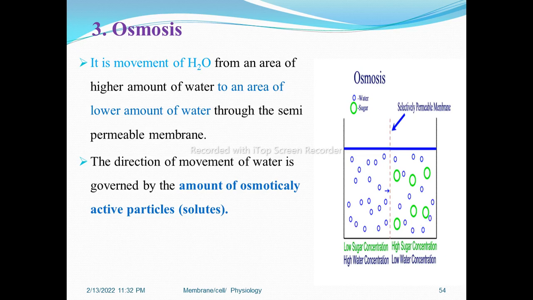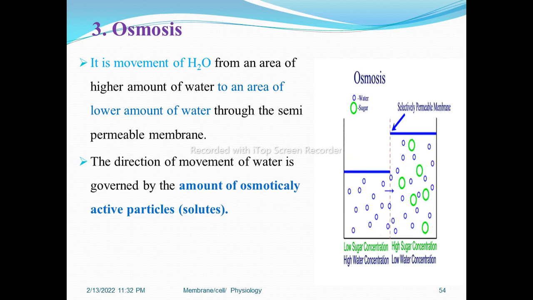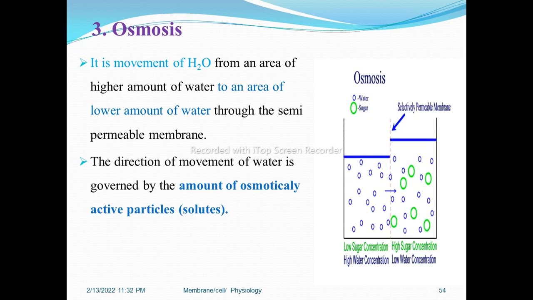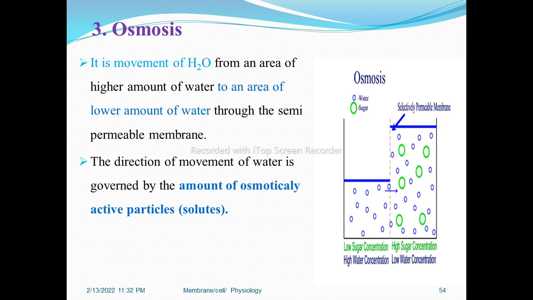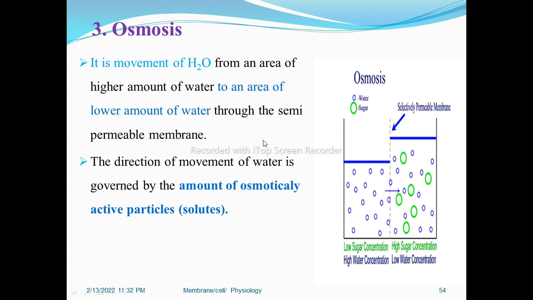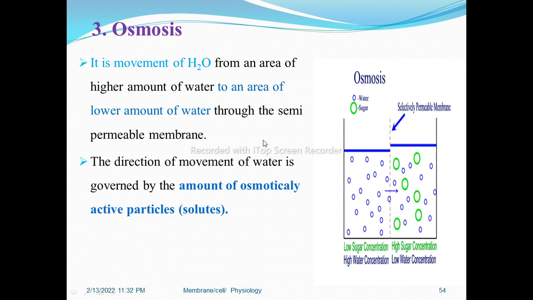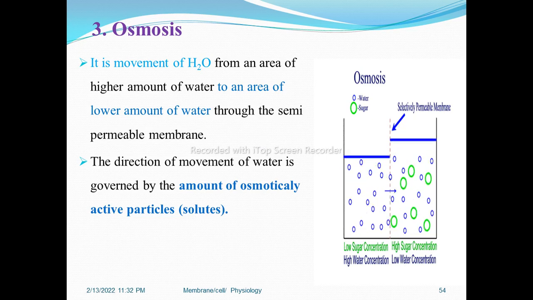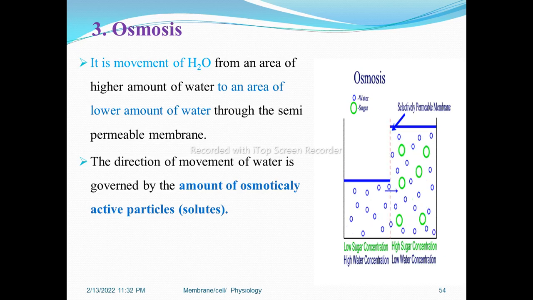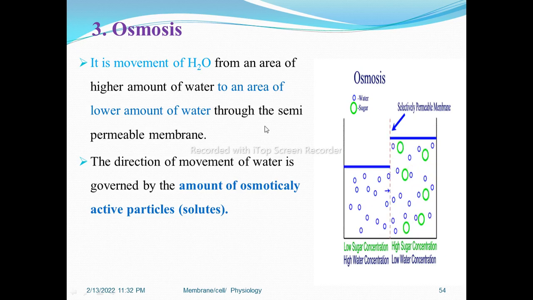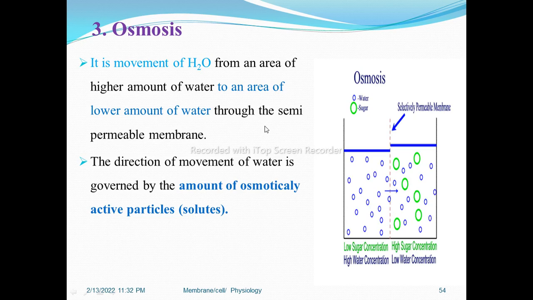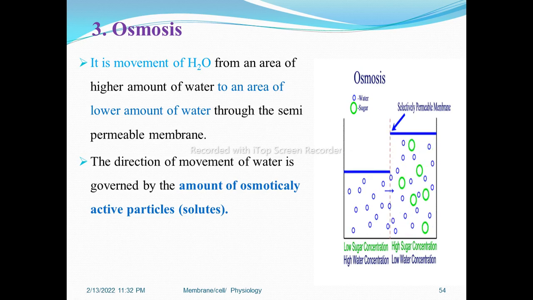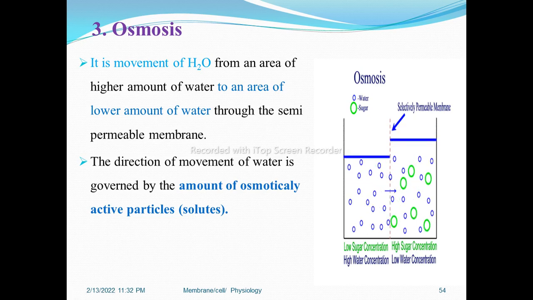Osmolarity is dependent on temperature, whereas osmolality does not depend on temperature, but on the mass of solvent. So osmolarity is expressed per 1 liter, whereas osmolality is expressed per 1 kilogram. So this is a difference.